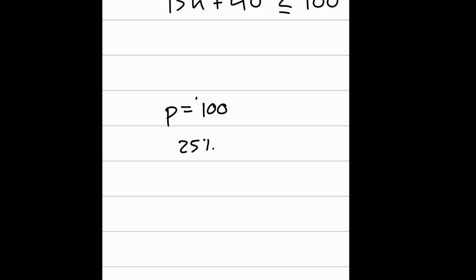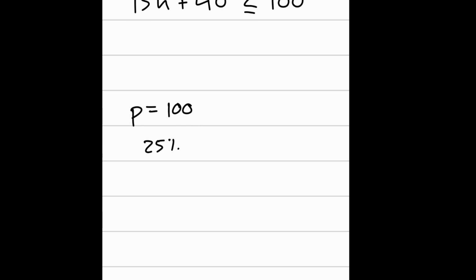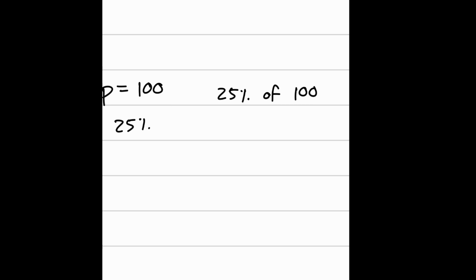So if we bake 100 cookies in the first oven and it has a success rate of 25%, that means that only 25% of 100 are going to be usable cookies, right? So we would do 25% of 100, or you can say 0.25 times 100, which is going to be 25. So from the first oven, in that case, there would be 25 usable cookies.